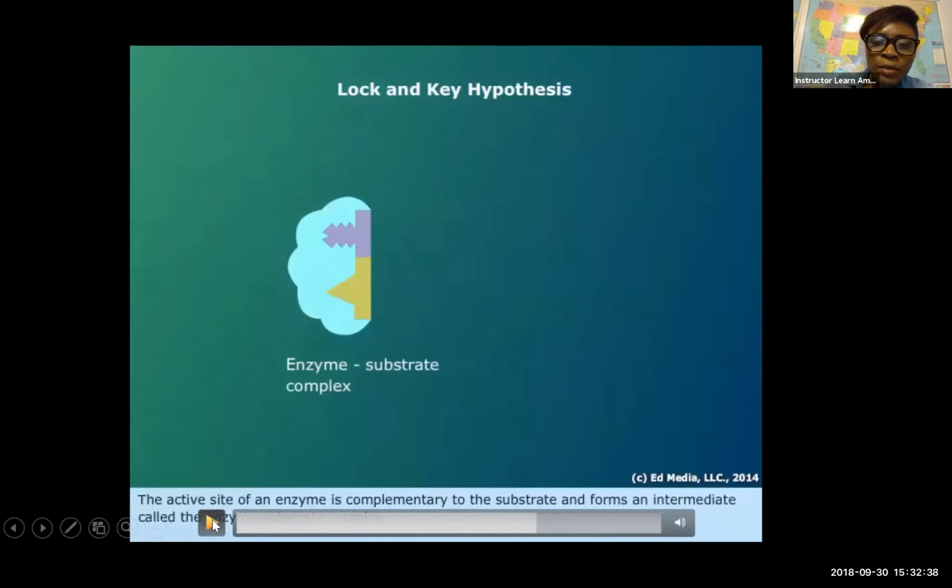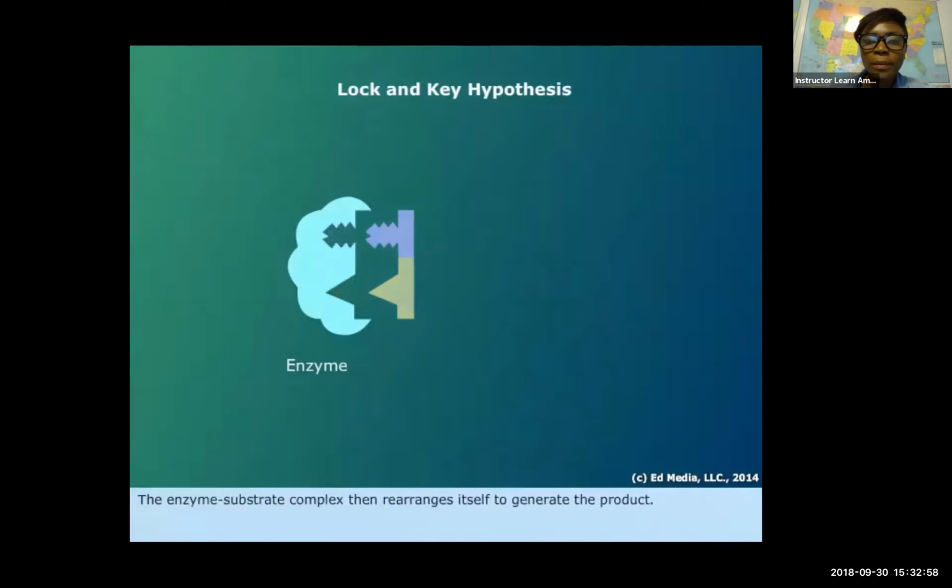That's what I was talking about before. Here's your enzyme, the light blue section. And so we saw two smaller molecules joined together. And so in doing that, we're seeing that's dehydration synthesis. And so the enzyme plays a role in bringing those two molecules together. The enzyme-substrate complex then rearranges itself to generate the product.